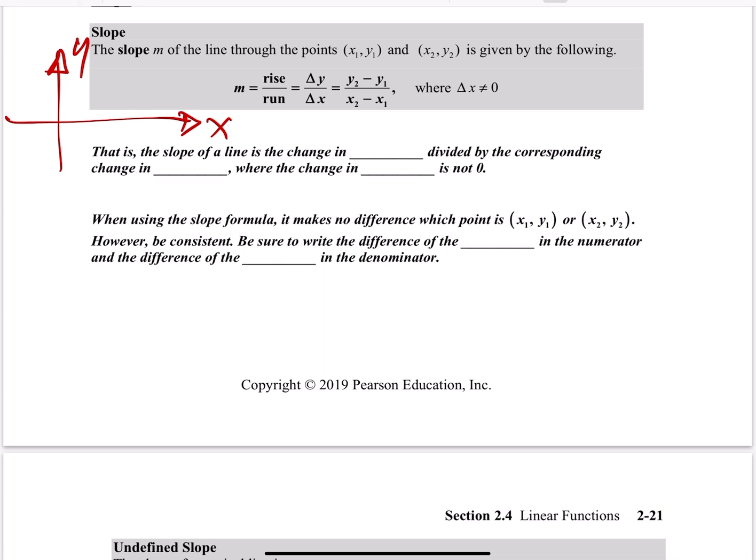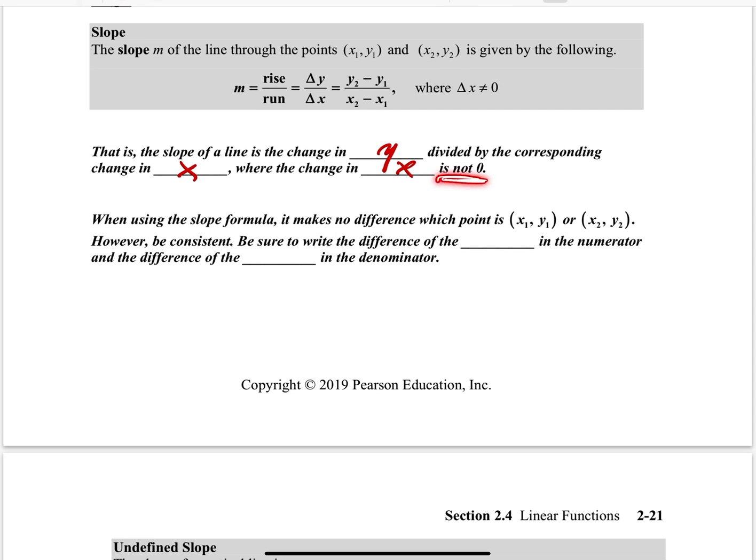The slope of the line is the change in y divided by the corresponding change in x, where the change in x is not 0, of course.